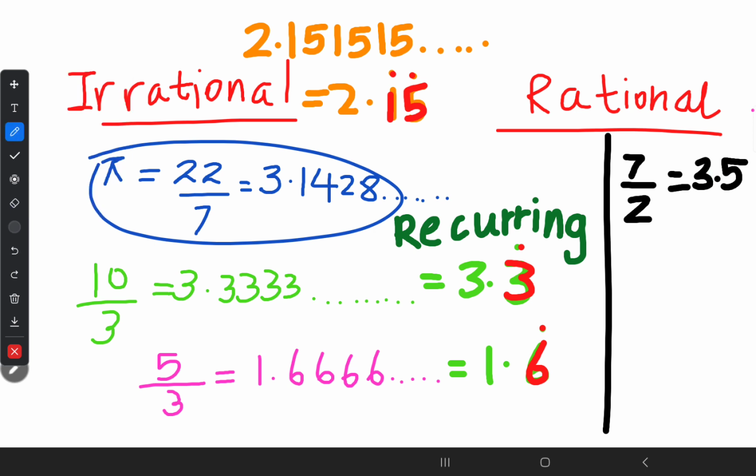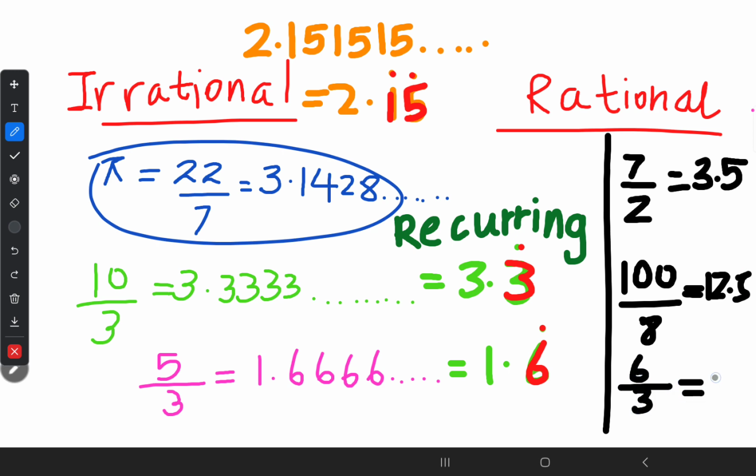This is called a rational number. Also, when you divide 100 by 8, that will give you 12.5. That is a rational number. Most of the examples are usually rational numbers. 6 divided by 3 is 2. This one is also a rational number. That means there is a particular limit for these numbers. That's all.